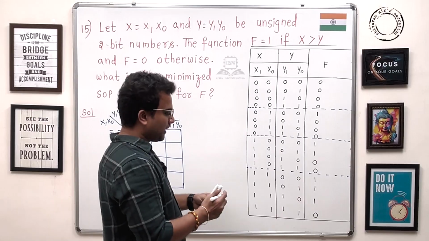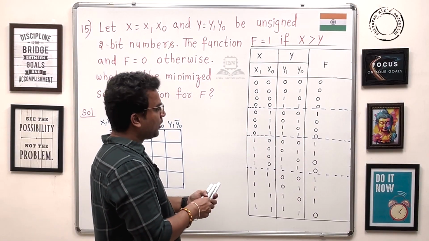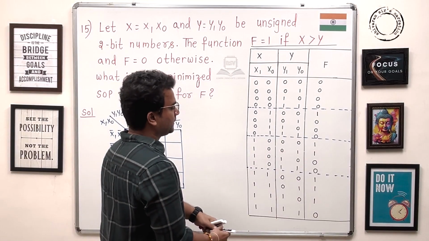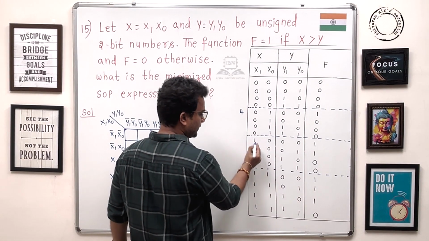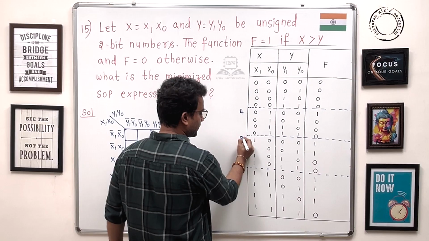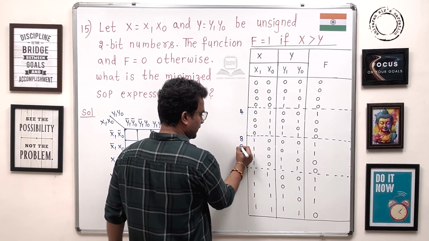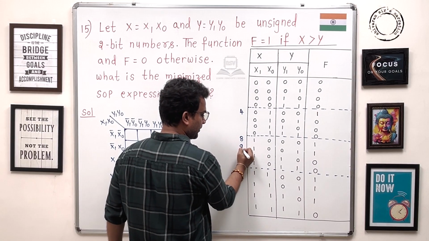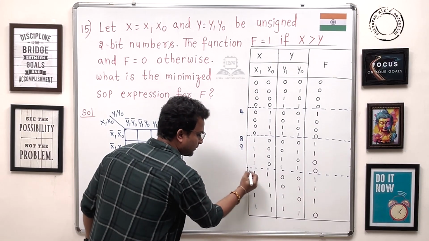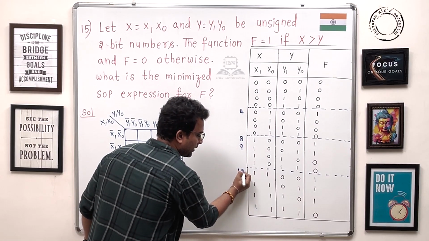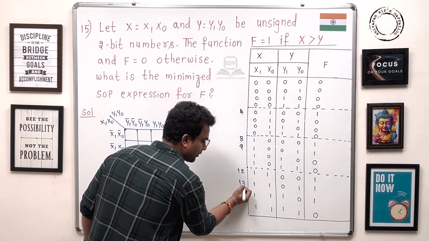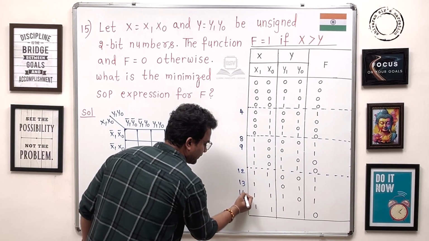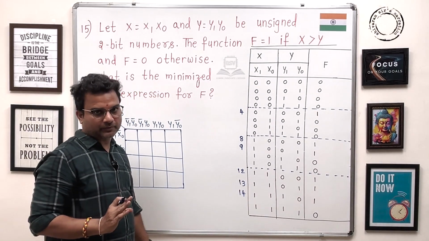Hence, if you see the minterms, then obviously they are 4, 8, 9, 12, 13, 14. That's it. These are the minterms.